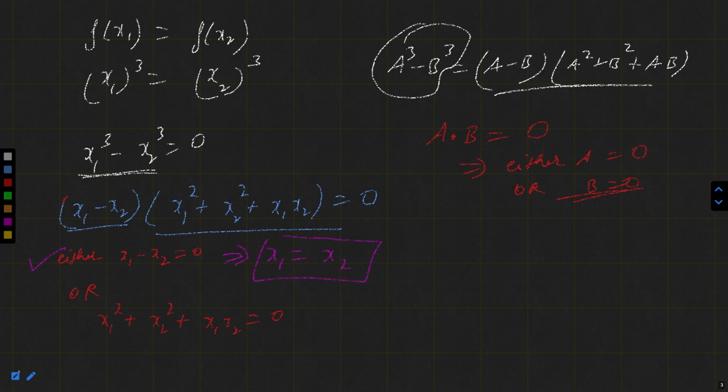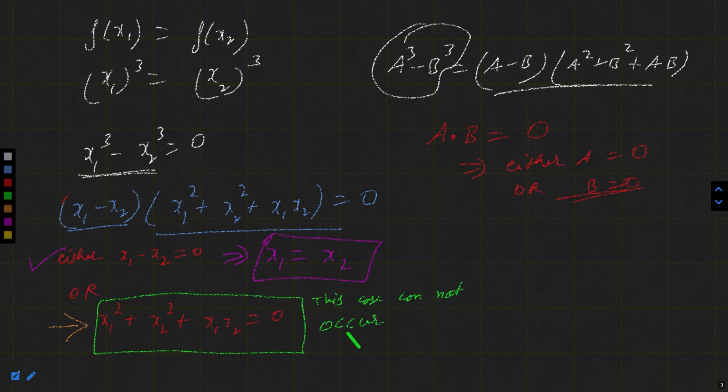That was the thing we need to show. If this happens, then only we can say that. What if the other happens? Actually, in real numbers, this cannot happen. Why? Let's see. This case cannot occur.